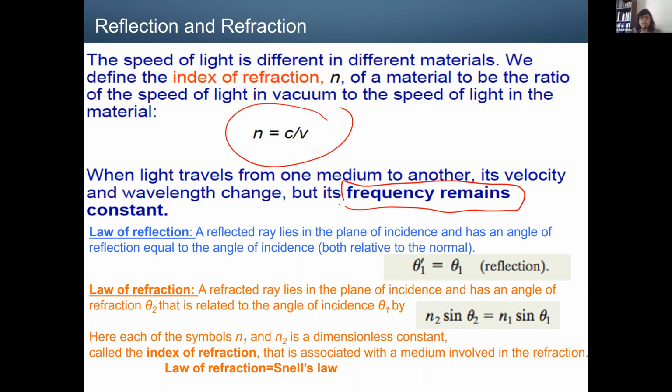Okay. So with that knowledge, let's talk about the two laws related to reflection and refraction. Now the law of reflection is the first thing we're going to discuss. The law of reflection says that the incident angle will be equal to the reflection angle.